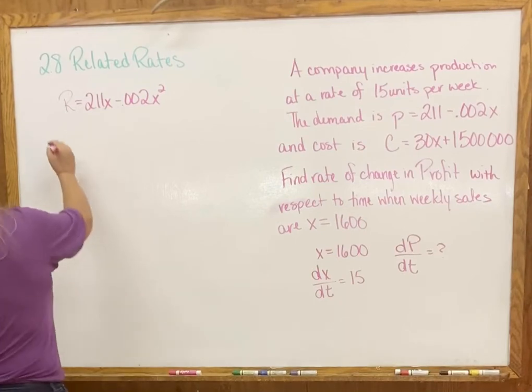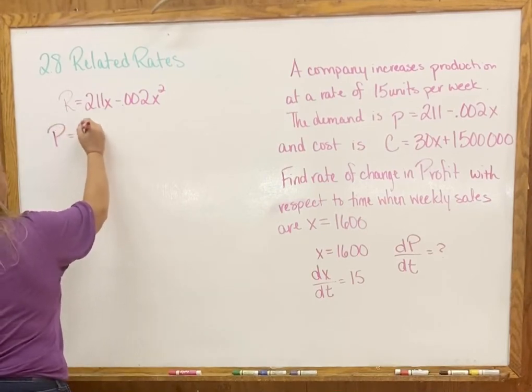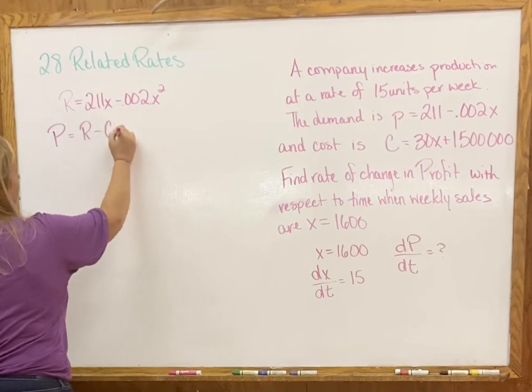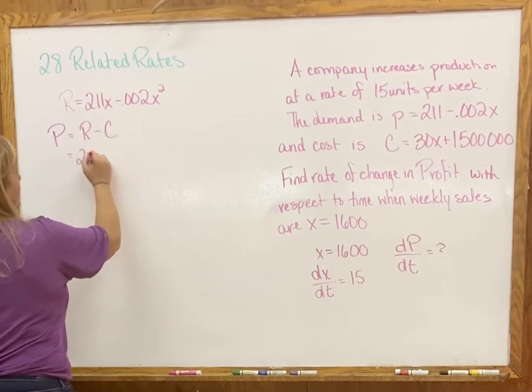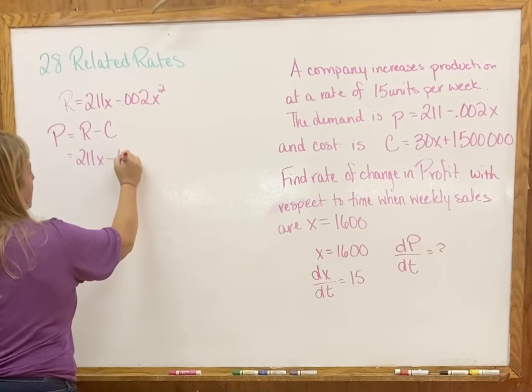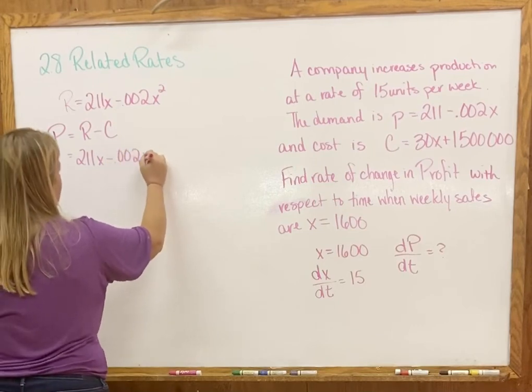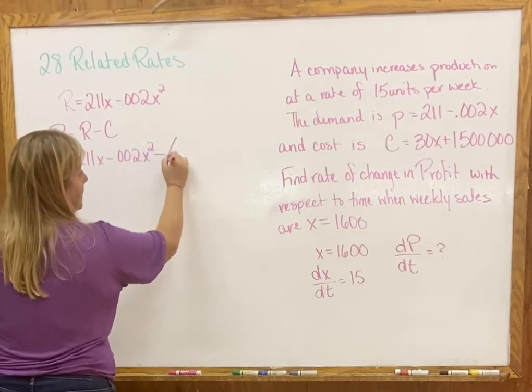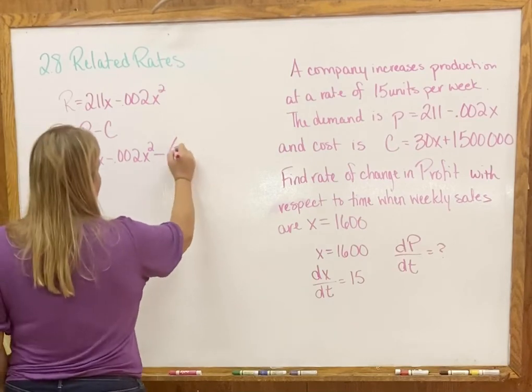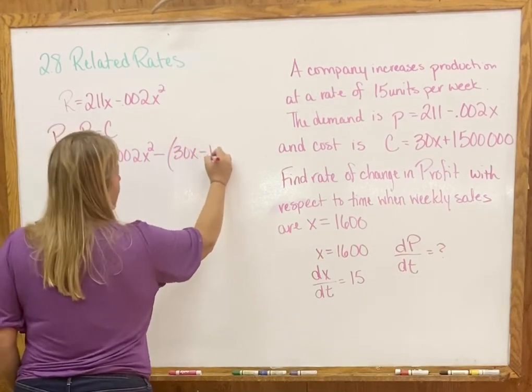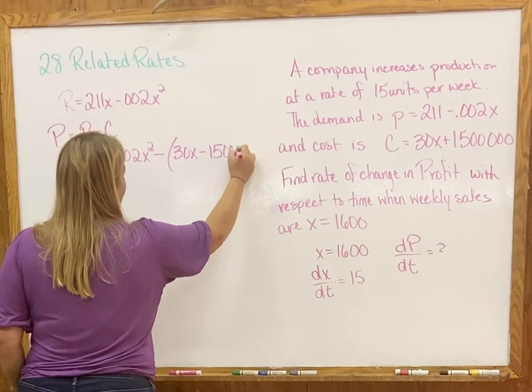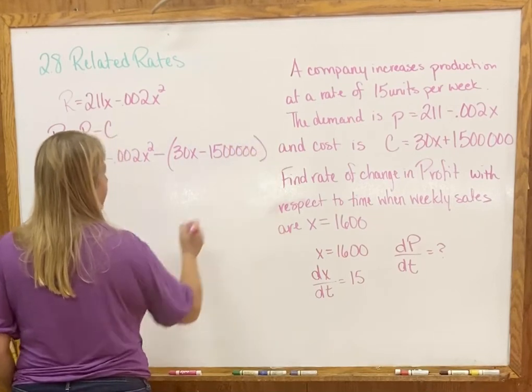Now, in order to find profit, we're going to take revenue minus cost. So that'll be our 211x minus 0.002x squared minus 30x minus 1,500,000.